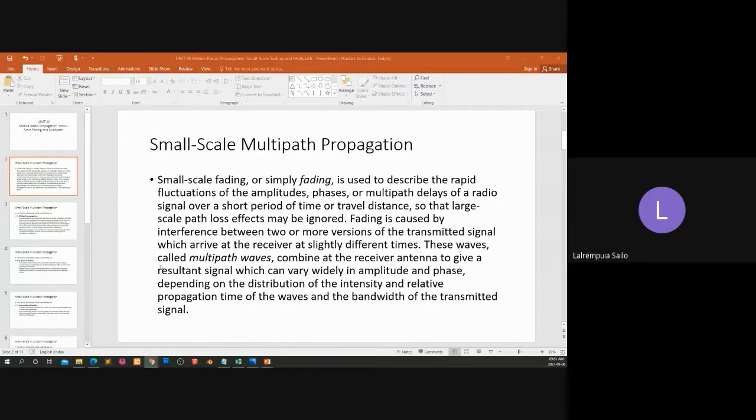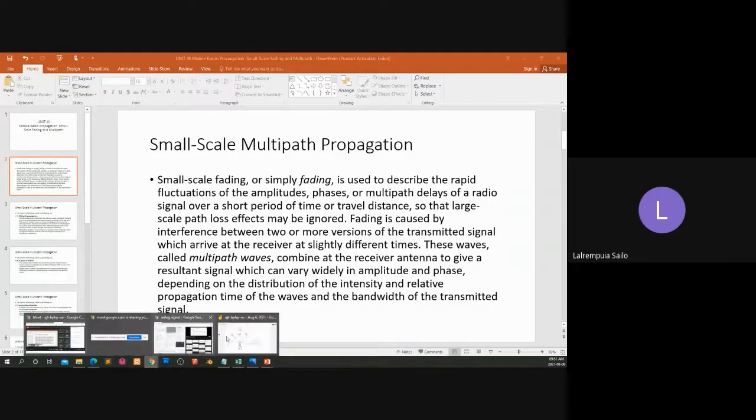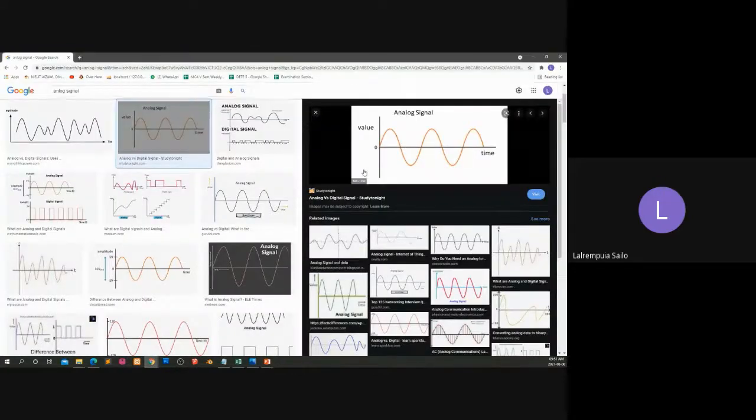These waves are called multipath waves, combined at the receiver antenna to give the resultant signal, which can vary widely in amplitude and phase. I already explained that we have amplitude and phase.